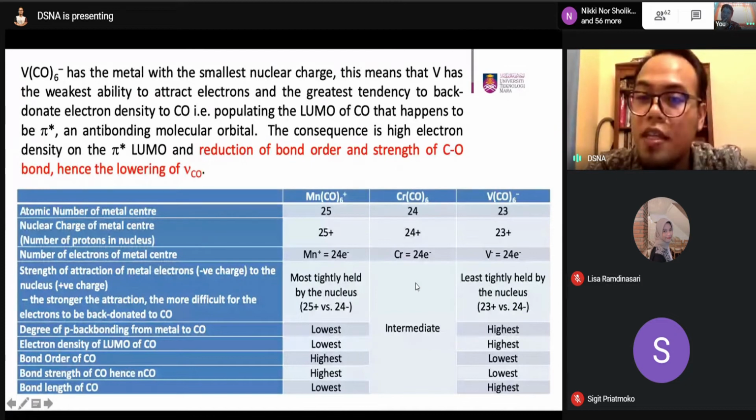But for vanadium, you're going to ignore chromium for a while because there's nothing much interesting happening here. But for vanadium, the nuclear charge is 23, but the electron number is 24. So the electron number is more than the nuclear charge.